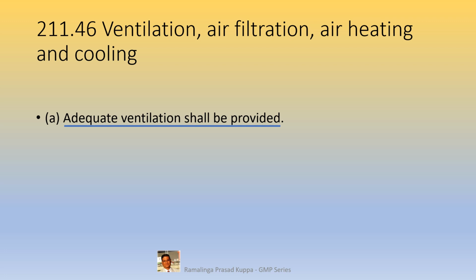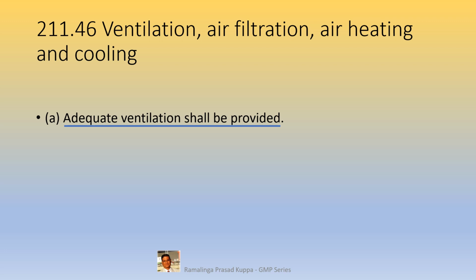The intent of ventilation is to protect the product against contamination. This is generally achieved by installing air ducts and/or higher capacity fans. This also helps in providing sufficient fresh air for occupants and removing exhaled air and odors. 15 to 20 air changes per hour is a general thumb rule.